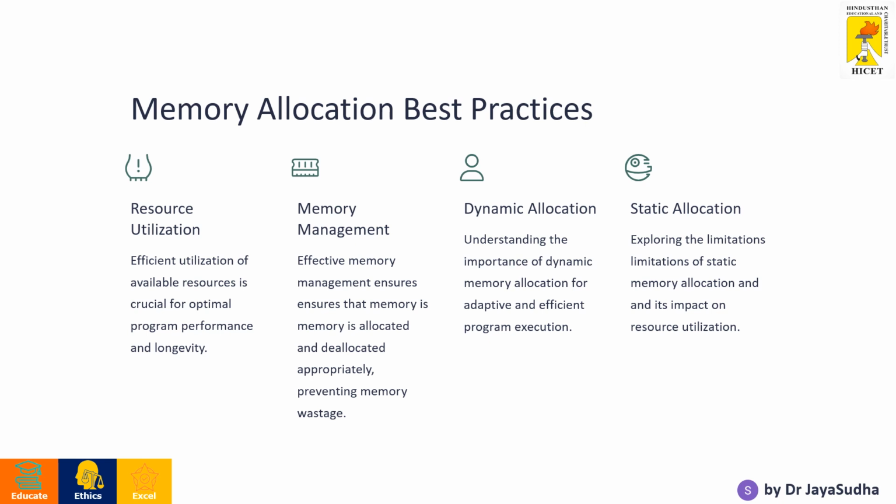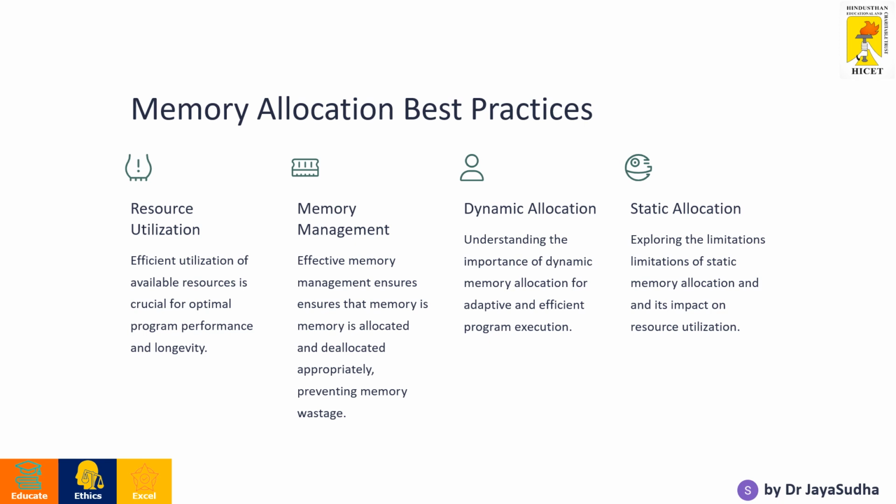Prefer static allocation or stack allocation for variables with fixed size and lifetimes. Memory pools: implement memory pooling techniques to reduce overhead and fragmentation associated with frequent dynamic memory allocations. Memory pools allocate a fixed size block of memory and reuse it for subsequent allocations, improving performance and reducing overhead.